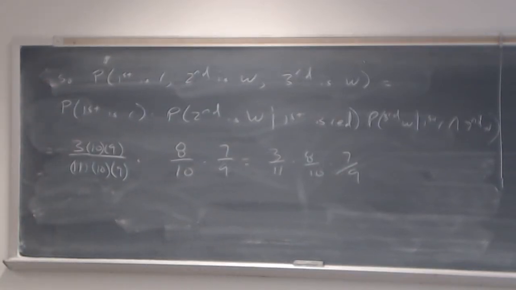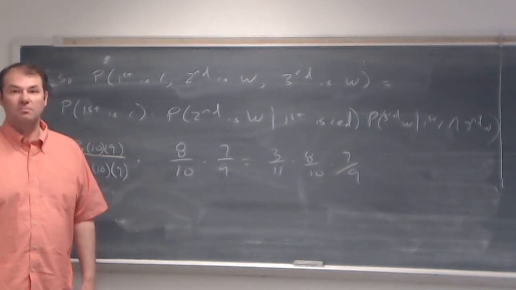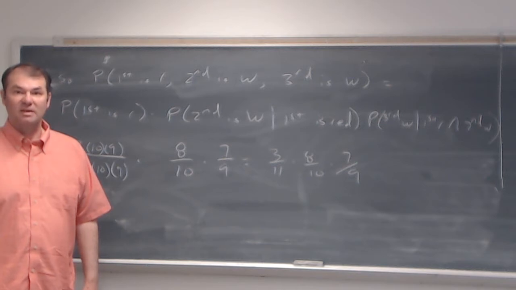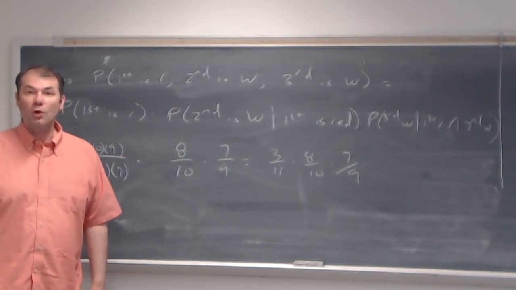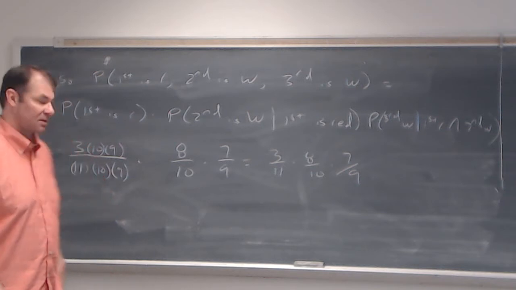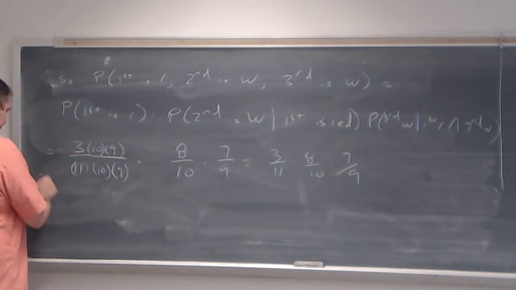Well, we've been talking about conditional probability. And sometimes word problems are written that are conditional probability problems. And we need to know wording that indicates conditional probability. So here, let me say the following.